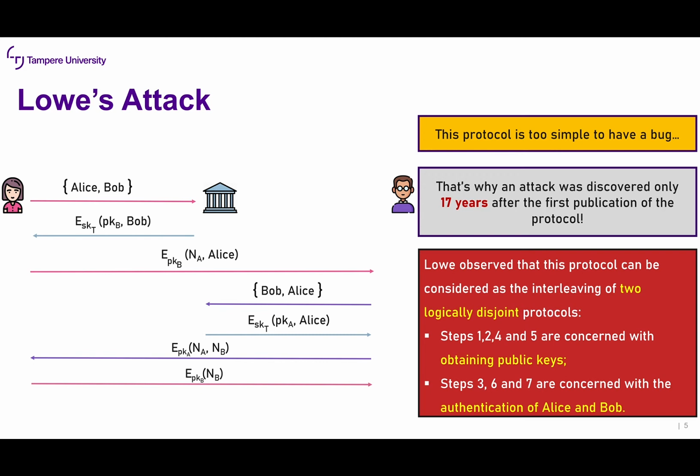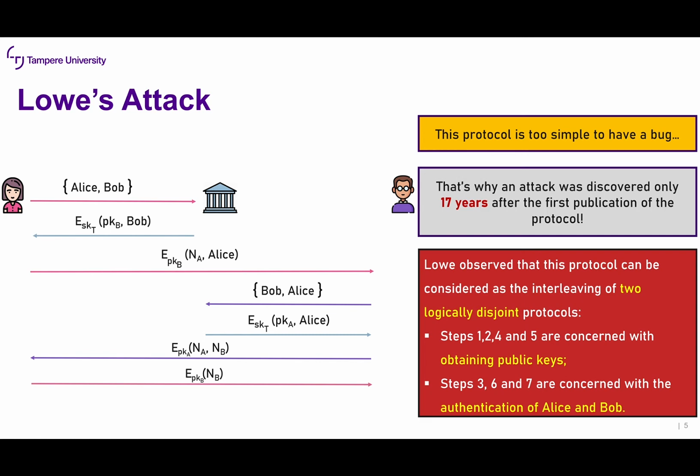So take some moment and process what I just said and look at the exchanged messages and try to exactly understand what I said and map those words here with the actual protocol. Okay, so steps 1, 2, 4, and 5 are just about obtaining public keys, while steps 3, 6, and 7 are concerned with the authentication of Alice and Bob. So now that you have this tip, again, I suggest that you stop and try to find the attack on your own, right?